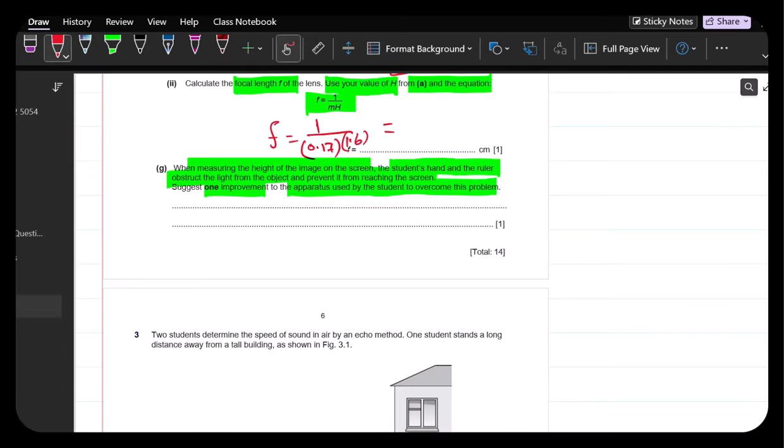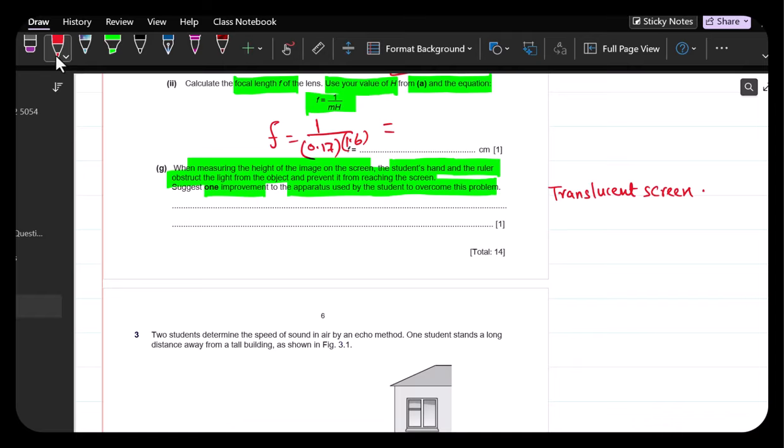So, what is the improvement they are asking? So, I would suggest here that you can use a translucent screen, not scale. Translucent screen means then no problem of such stuff is going to occur. Yet you have to adjust the screen.